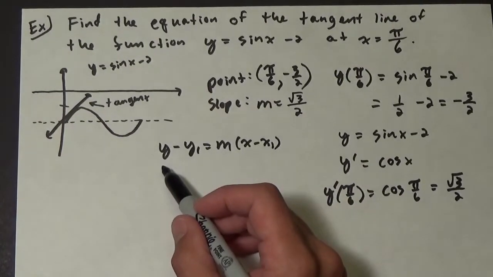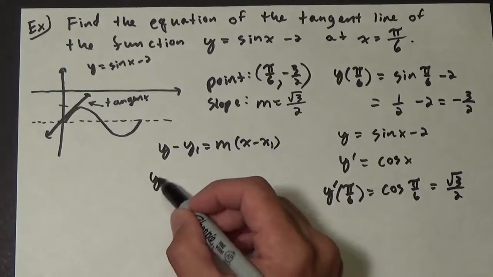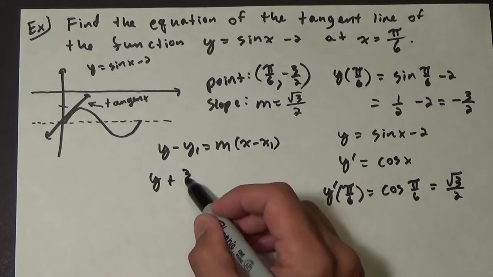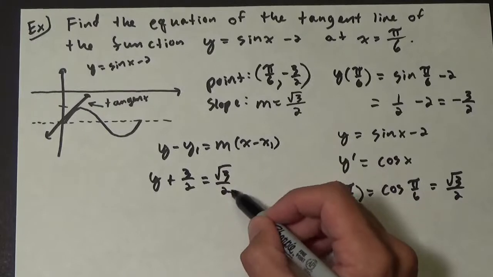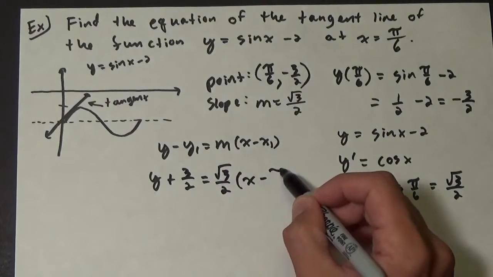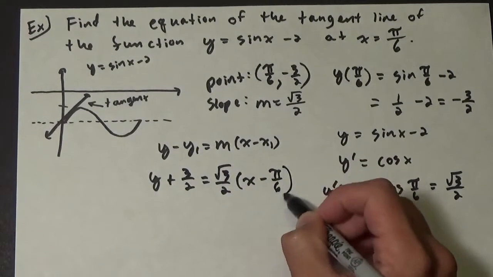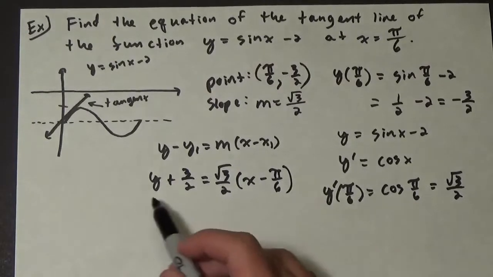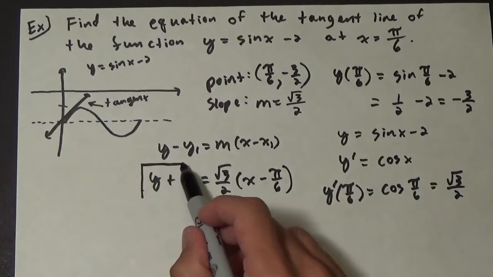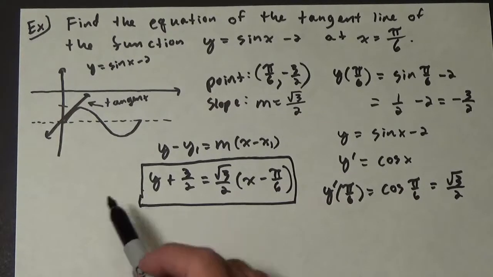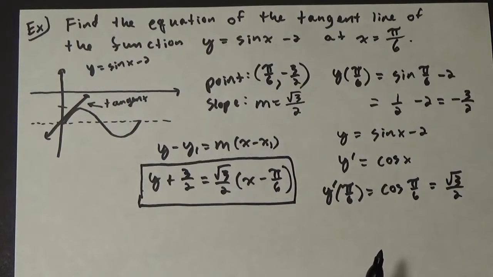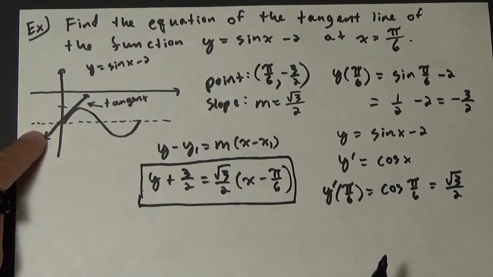We get y minus y1, so that's y plus 3/2 equals the square root of 3 over 2 times x minus pi over 6. And it doesn't tell us to put it into another form, so that is it. So there is the equation for this tangent line.